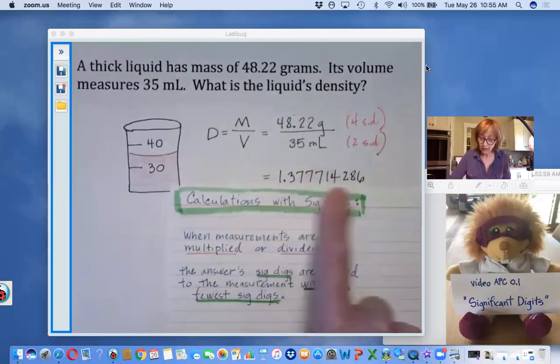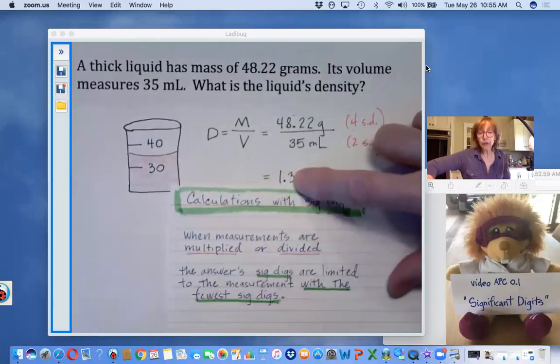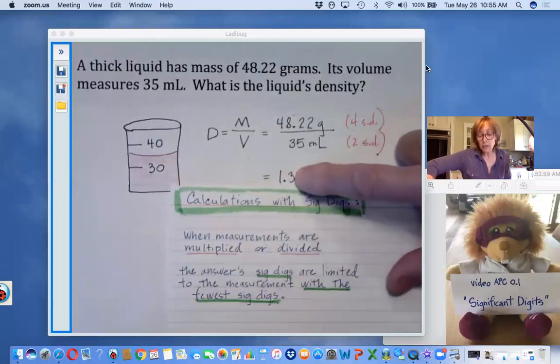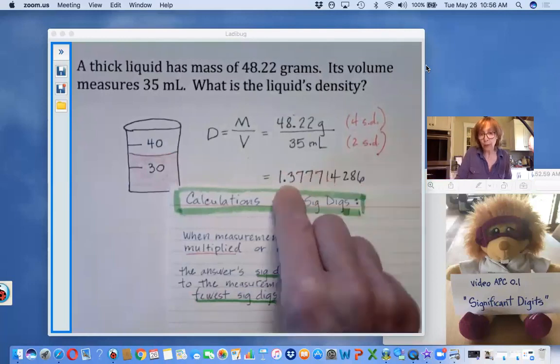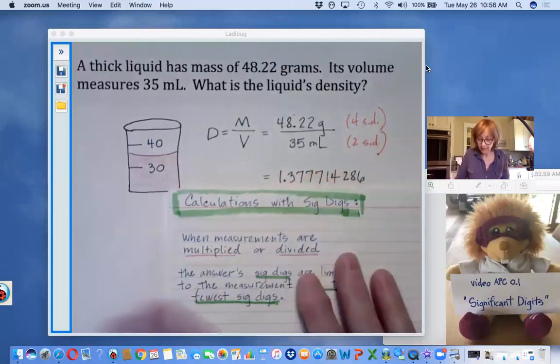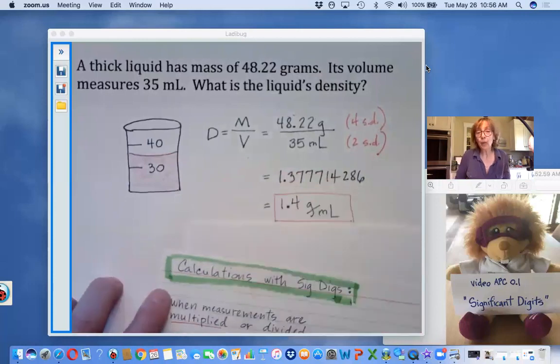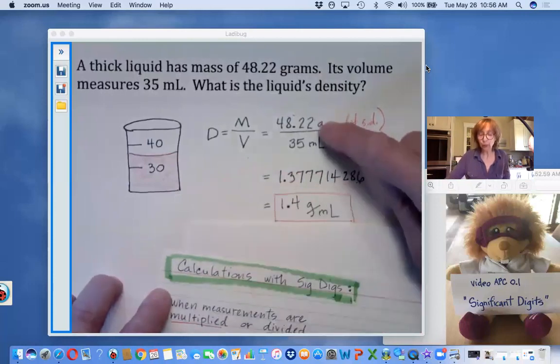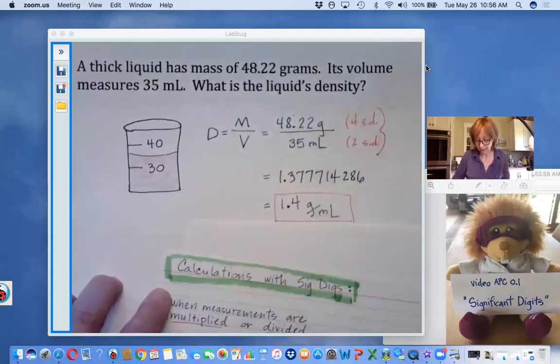So I look at my calculator answer. Here's 2 SIGDIGs. Now you always want to peek at the next digit, and if it is 5 or larger, it's going to cause you to round up. So the appropriate answer here is 1.4 grams per milliliter for the density.